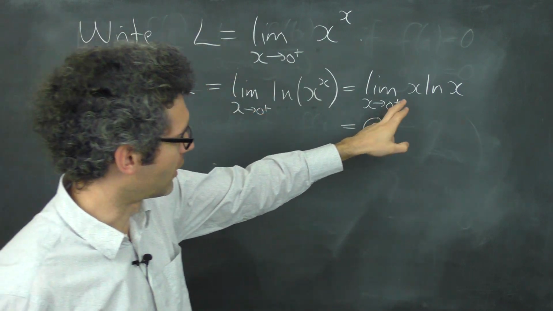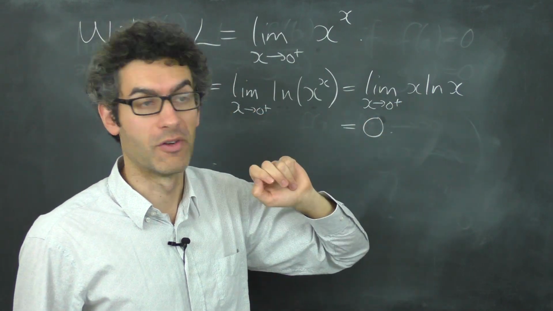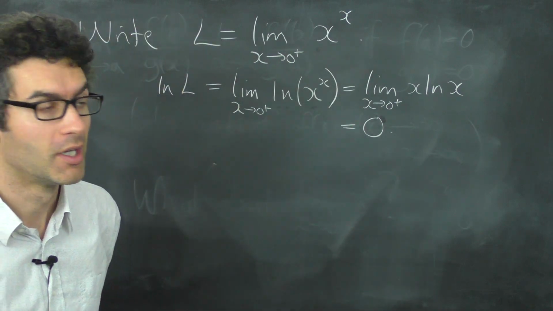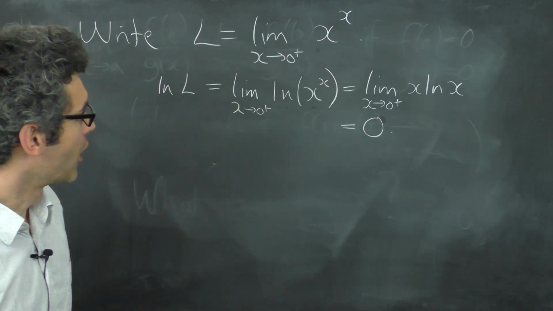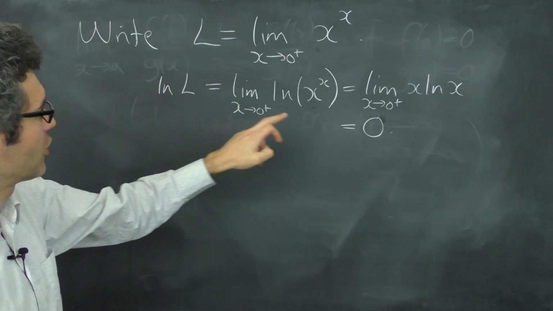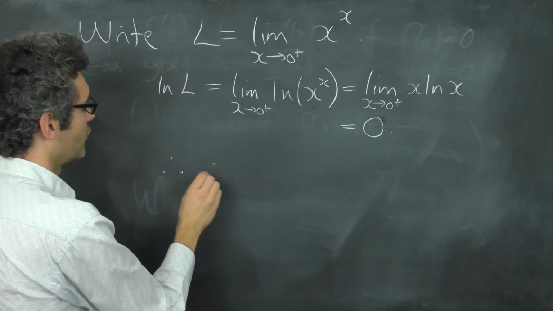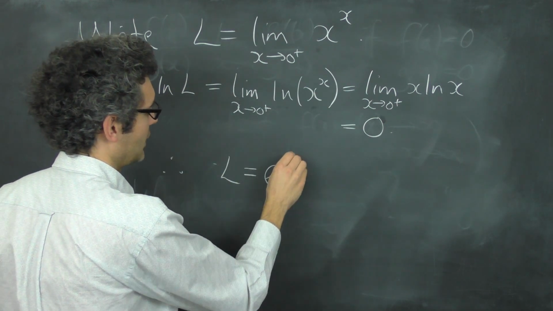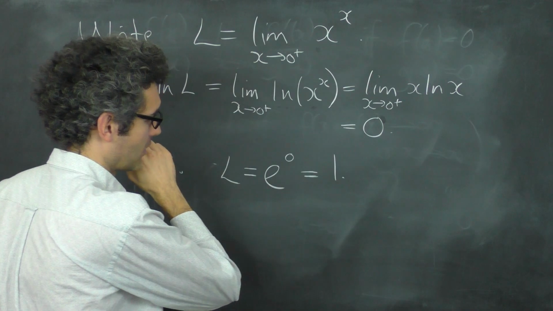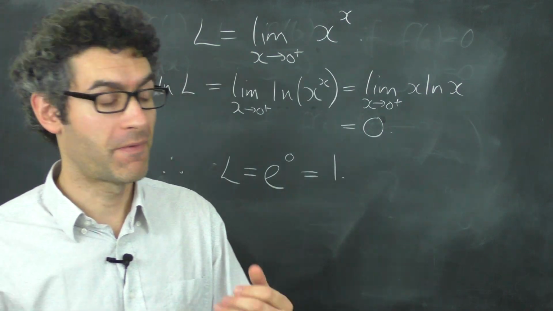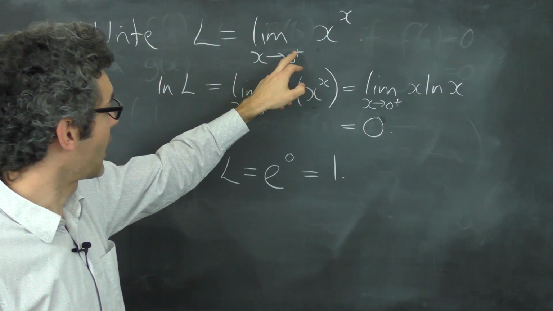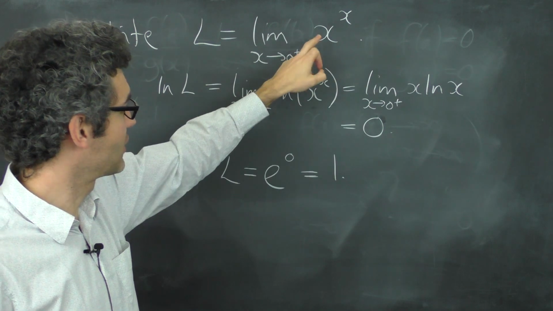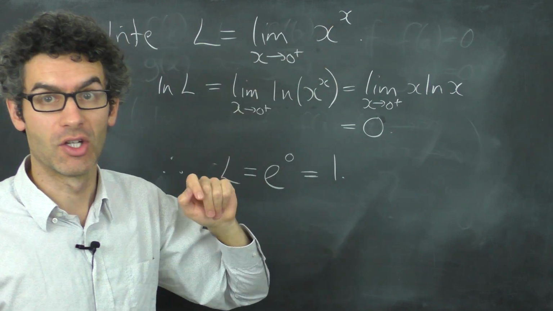If you remember, you write this as log x divided by 1 over x, and then L'Hopital's rule applies. Okay, so we found that log L is 0, and therefore L, well, that's just going to be e to the 0, which is 1. So we found our limit. The limit as x tends to 0 of x to the power x is just 1.